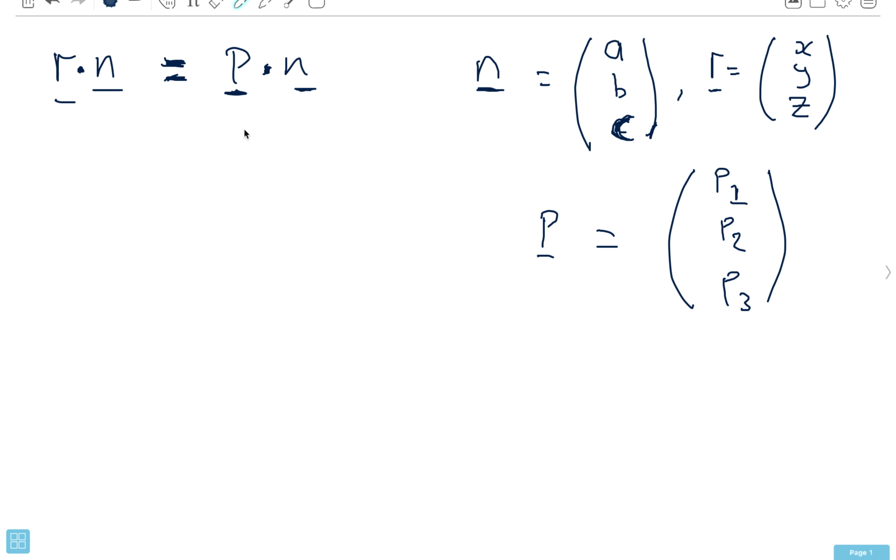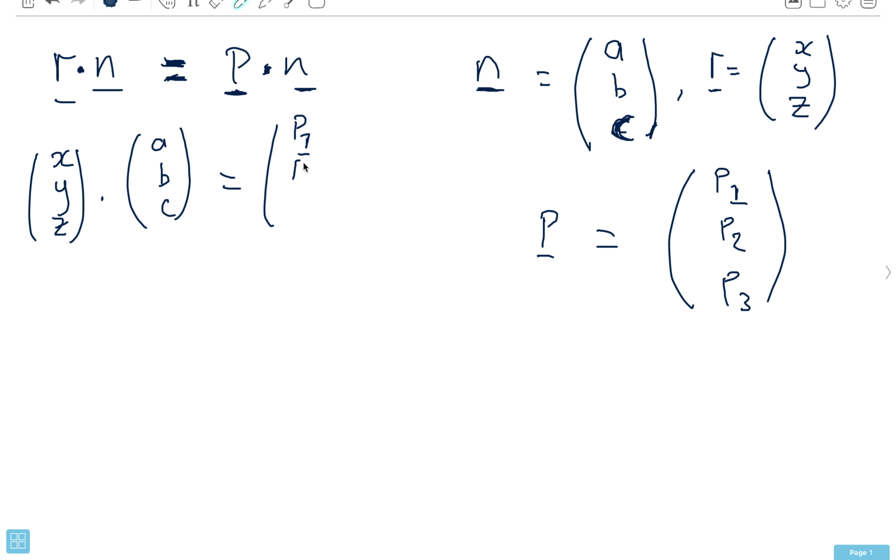So now, if we do the dot product, we now have X, Y, Z dot with ABC, which equals P, which is P1, P2, P3, dotted with the N, which is ABC. Now again, this equation only holds if R and P are both on the plane.